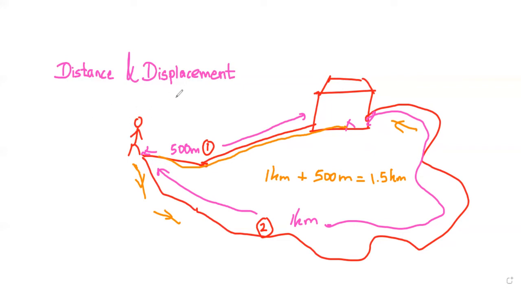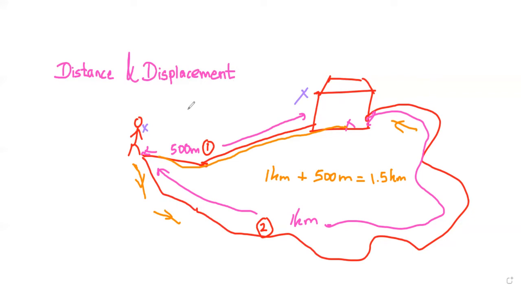When you consider displacement, it's a vector quantity, which means we consider the direction as well. Displacement is the shortest distance between the 2 points. Let's say this is us, and this is our school.